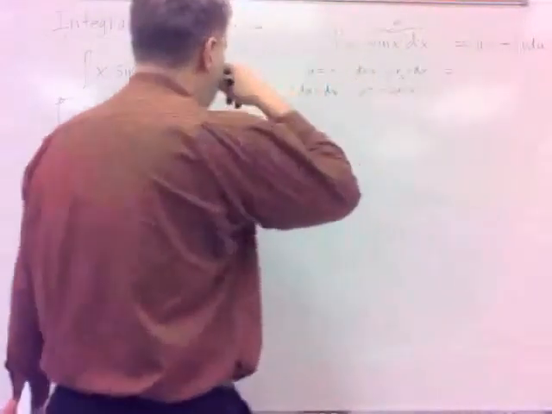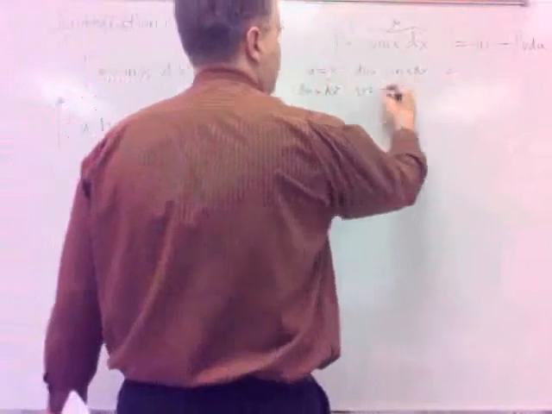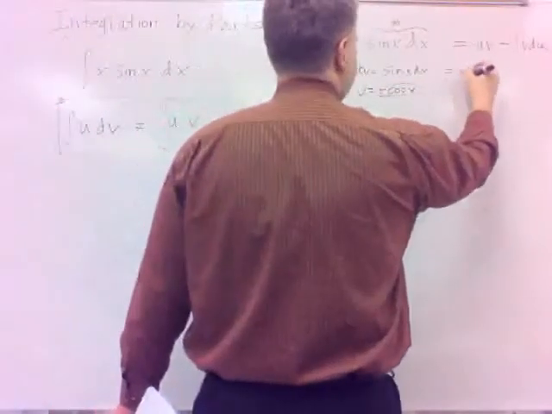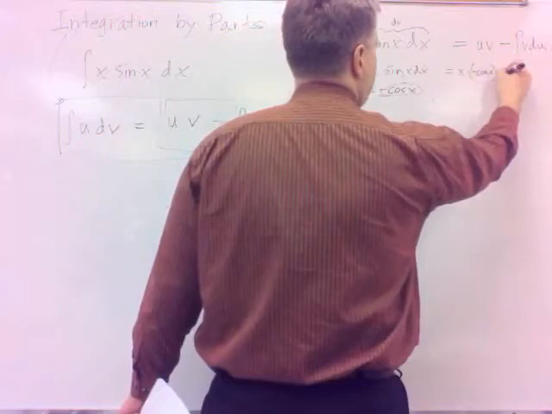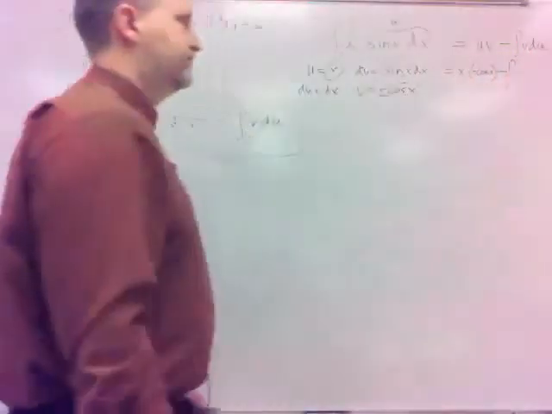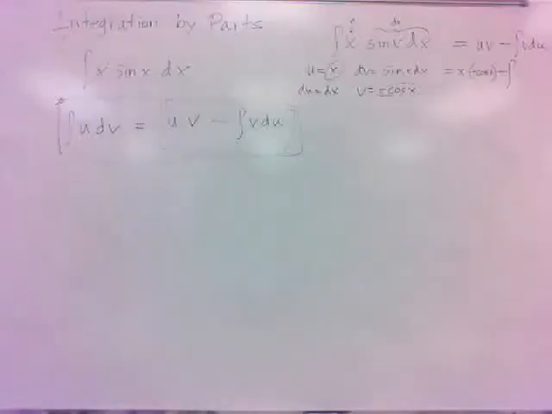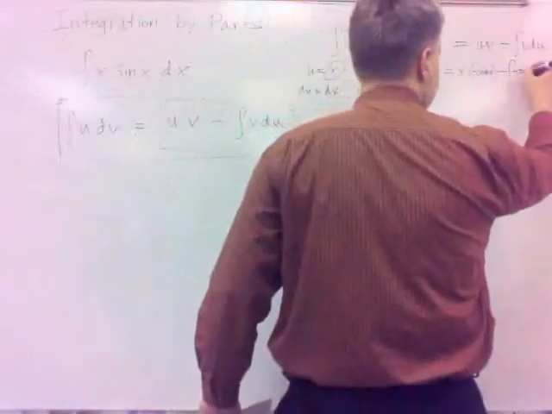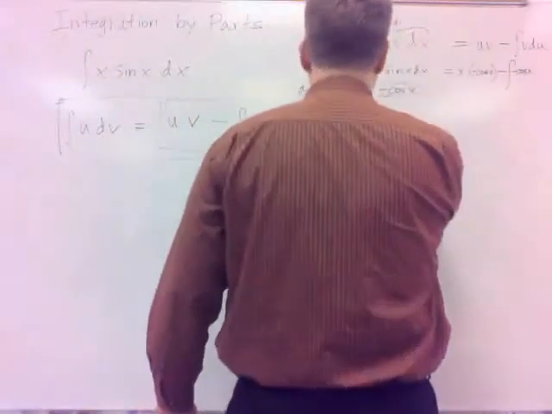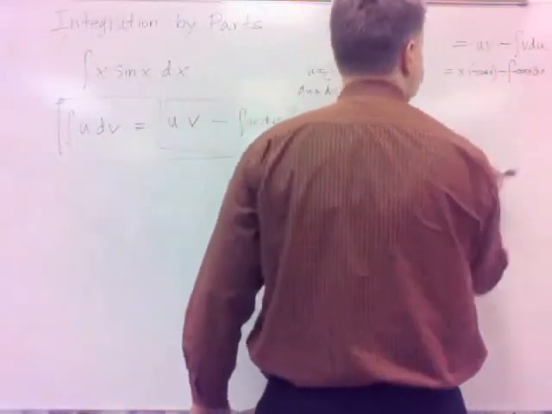All right, u times v, that's just taking u times v. So u is x, v is negative cosine of x. Let's multiply those together. Then I'm going to put the rest of it in. The rest of it is the integral of v, which is negative cosine of x. du is dx, and that works out pretty good.